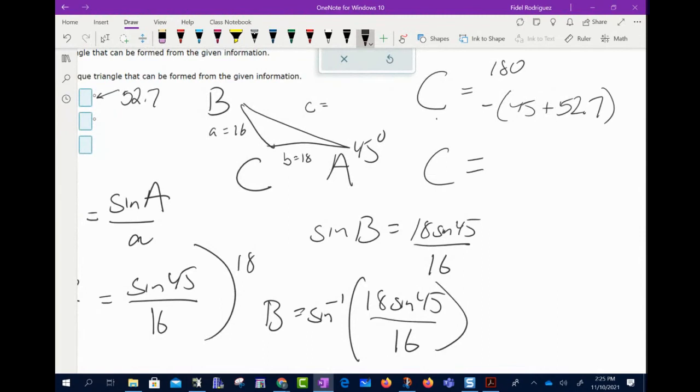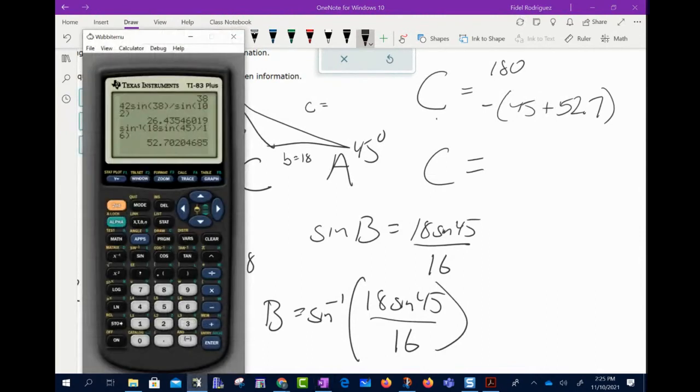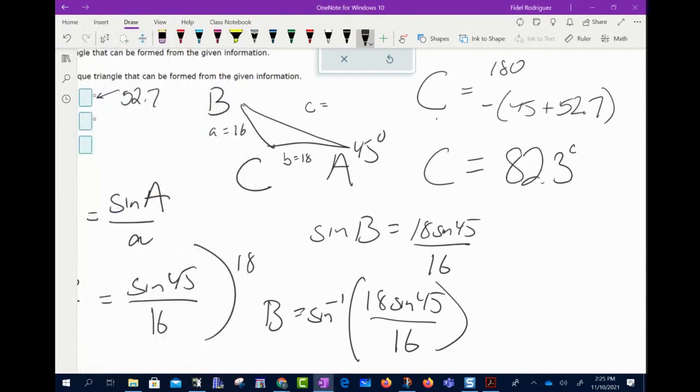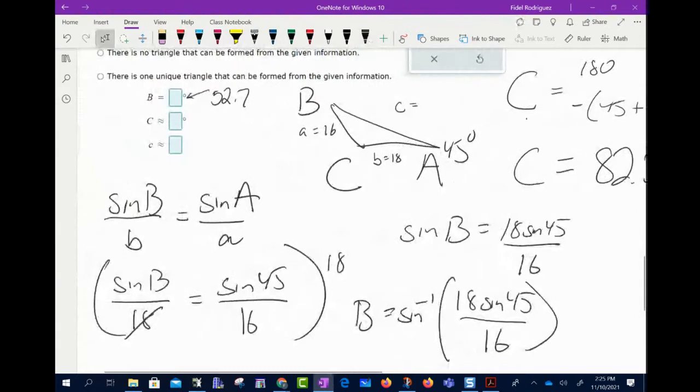Okay. So let's see what that's going to be equal to. So I'm going to go 180 minus whatever 45 plus 52.7 is. Okay. And that's giving me 82.3. So this right here, y'all, is 82.3 degrees. Okay.